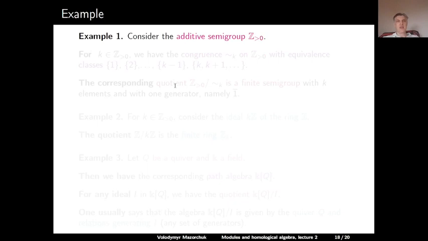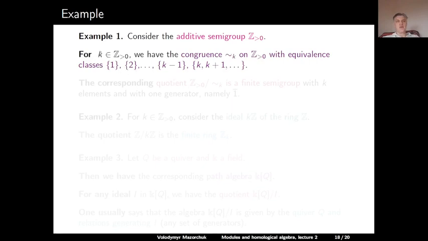Example 1. Consider the additive semigroup of all positive integers. For a positive integer k, we have a congruence on this semigroup whose equivalence classes are the singletons 1, 2, and so on up to k minus 1, and then all other elements connected into one equivalence class. So we have singletons up to some point, and then the rest is a unique equivalence class. It's very easy to check that this is a congruence.